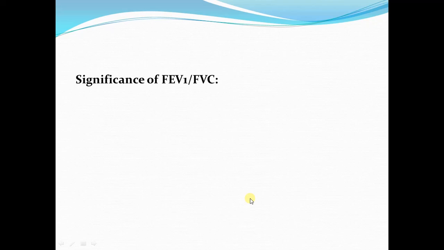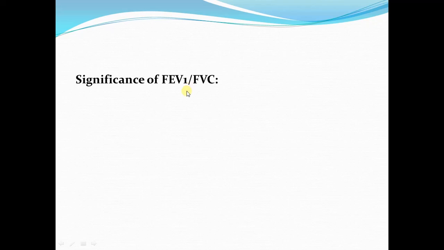So when there is decreased compliance of the lungs, everything is going to be affected equally. There will be reduction in forced vital capacity, as well as reduction in the FEV1. So when both are going to decrease, the ratio or the percentage will remain the same.